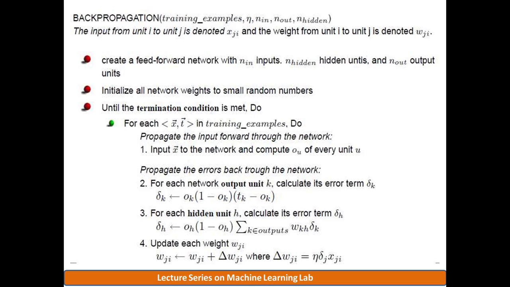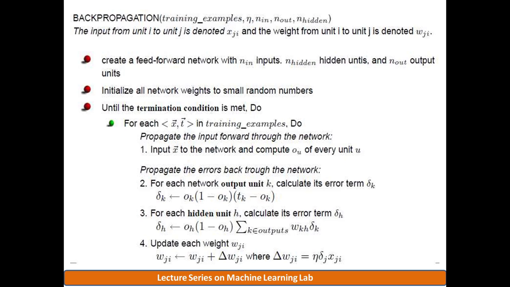Then, until the termination condition is reached, for each input vector and output vector in the training example, do the following. The first step is to propagate the input forward through the network. First we move in the forward direction, that is, input the x vector to the network and compute the output of every unit.